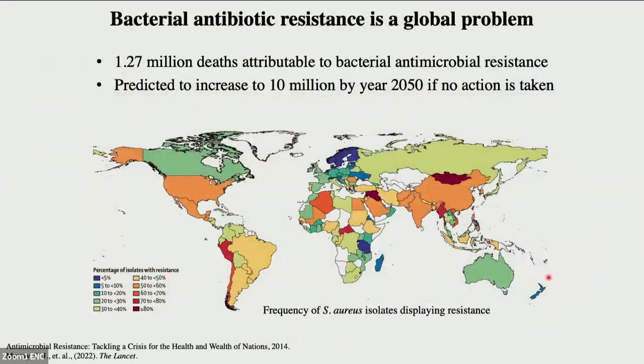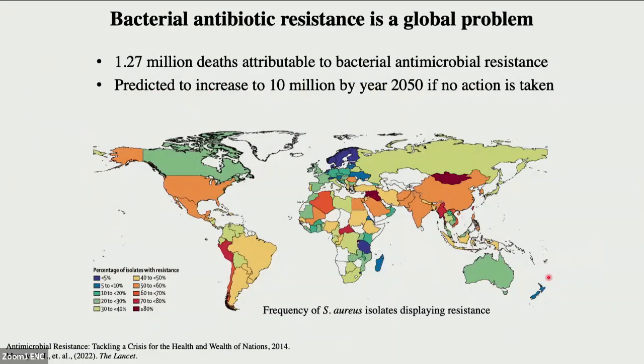So the topic for today is antibiotic resistance, which you hopefully are already aware is a significant global problem. It affects every place on Earth. There are more than 1 million deaths attributed to antimicrobial resistance each year. And this is predicted to become an even bigger problem with time.